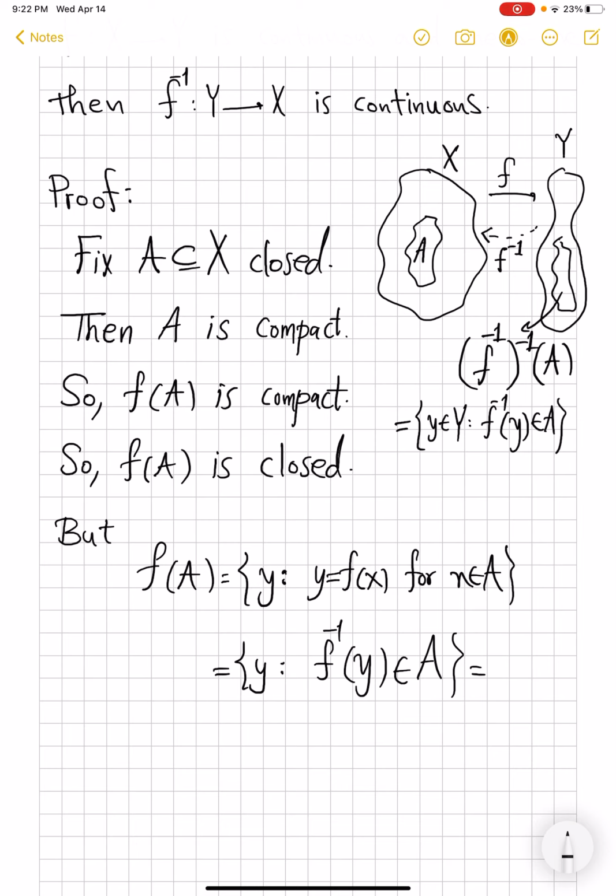And this is exactly the f inverse's pre-image of A. And that's the end of story.